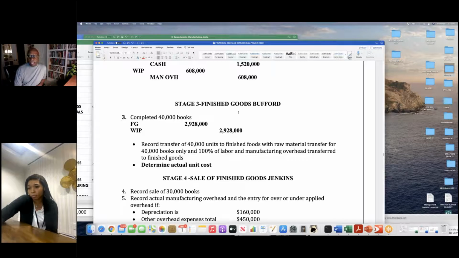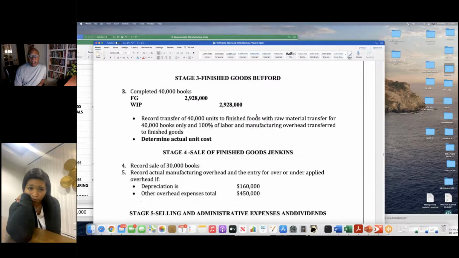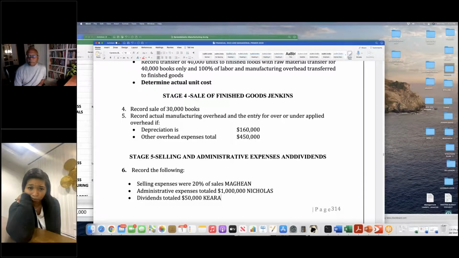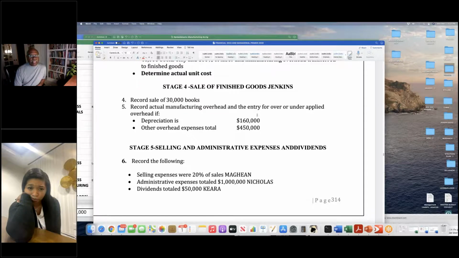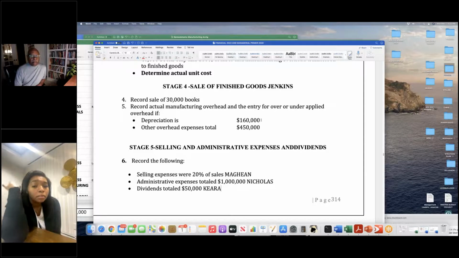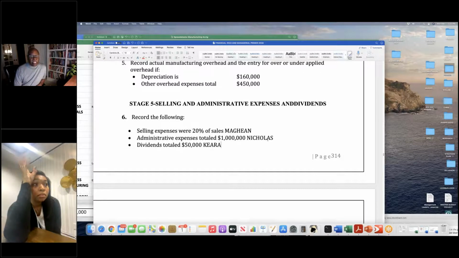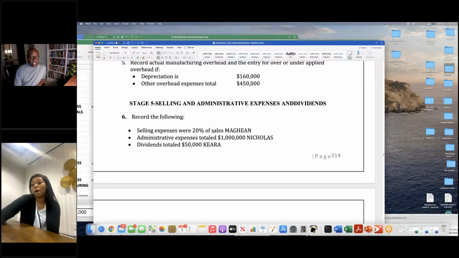But only 40,000 of the books are completed, so you can't transfer out all of the cost. You can only transfer out a portion. Then Jenkins, you got the sale of the finished goods and the overhead. Then Megan, Nicholas, and Kiara, you got this next part, which is just simple journal entries.